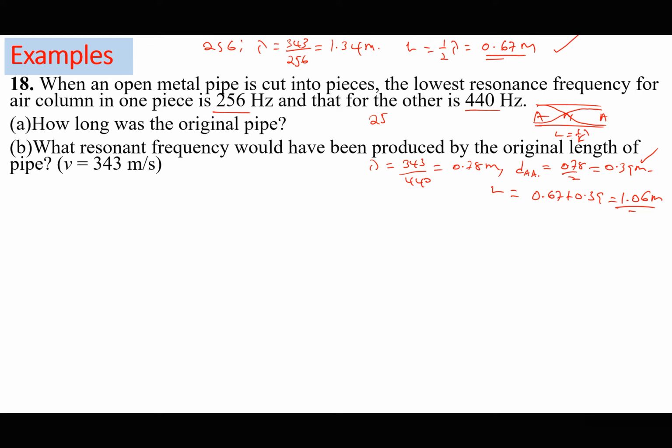So if it was one pipe of length 1.06, the wavelength in the fundamental mode is going to be 2.12 meters. Then if I try to find the frequency from V, which is 340, divided by the wavelength, which is 2.12, what does this give us?